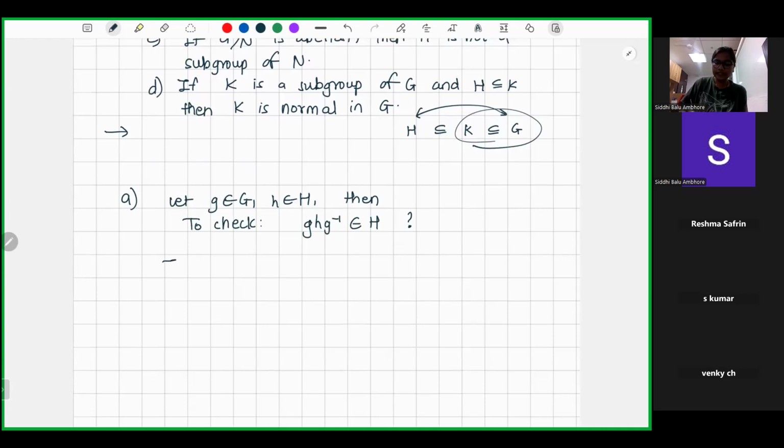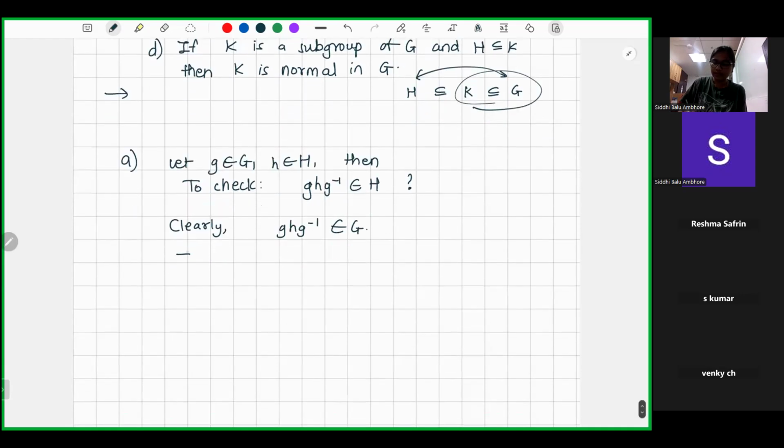So clearly this g inverse belongs to G, right? Because g is in G and h is in H, which is anyway a subgroup of G. So this is here. And h inverse also belongs to G. So we have this h inverse, g inverse.